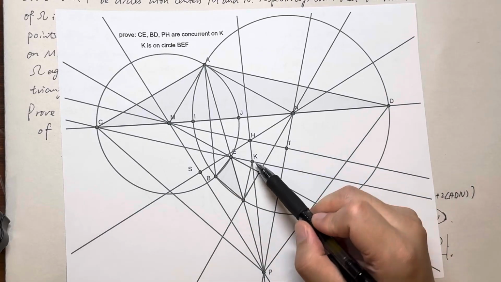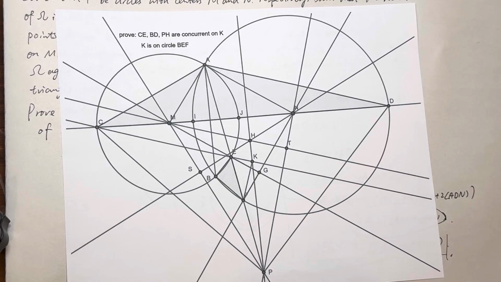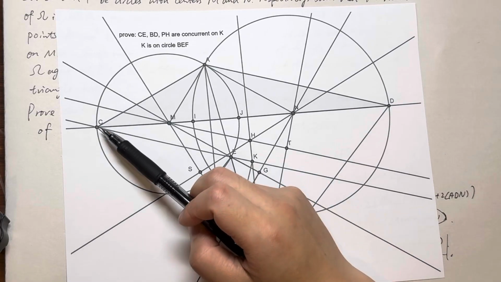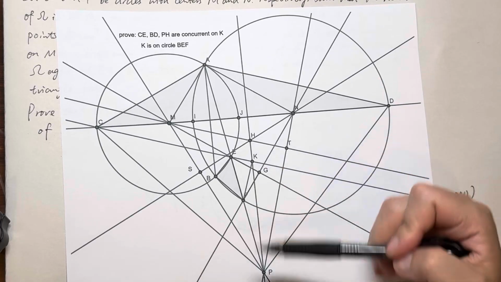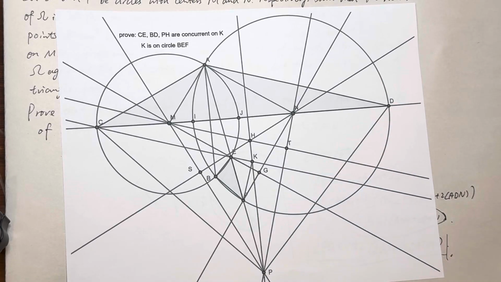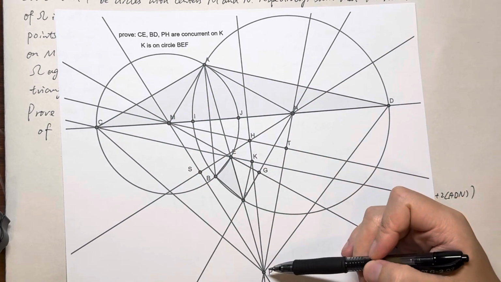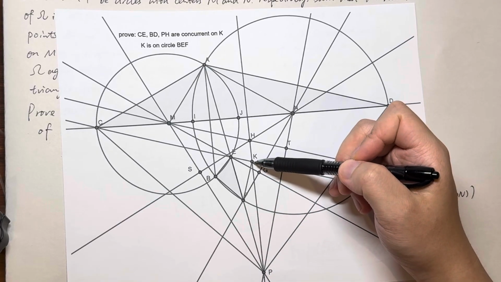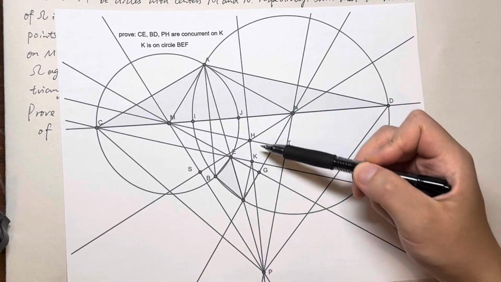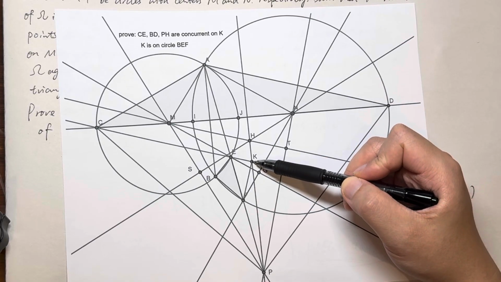Right? Basically, we want to prove that K, E, B, F, G are cyclic. And also we want to prove that CE, BD, and PH are concurrent on this point K.